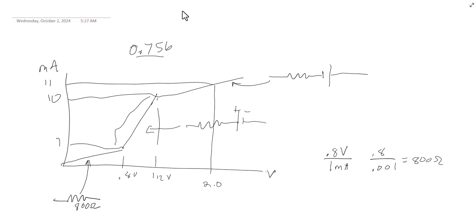So that's the number that you use. Plus IR equals the difference between these two, which is 0.4.